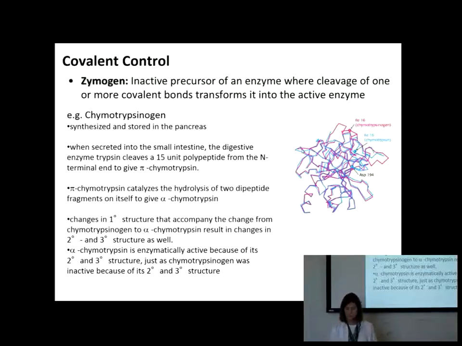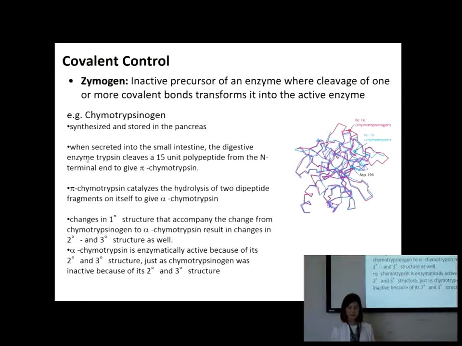All right, so chymotrypsinogen is the zymogen. That is synthesized and stored in the pancreas. Do we want your pancreas to be chopped up? No, we really don't want your pancreas to be chopped up. So we keep it inactive. And then what we do is we secrete it into your small intestine. And, oh, there we go.